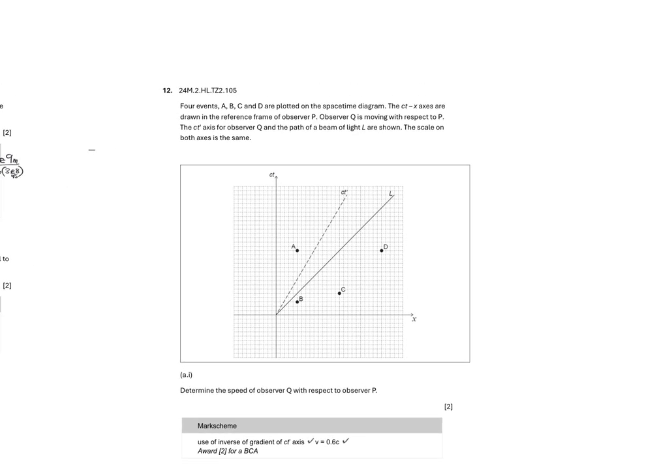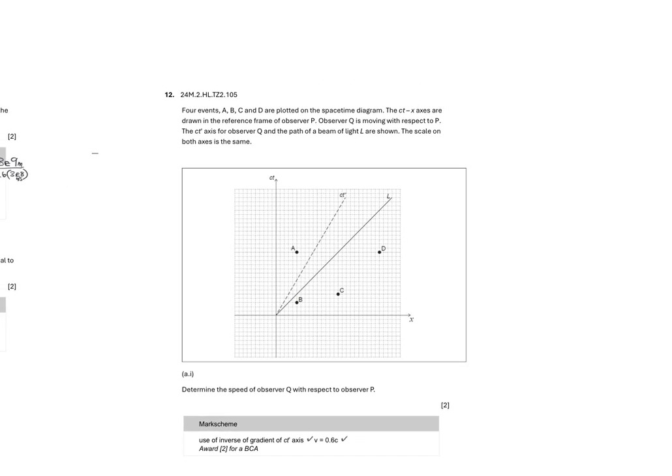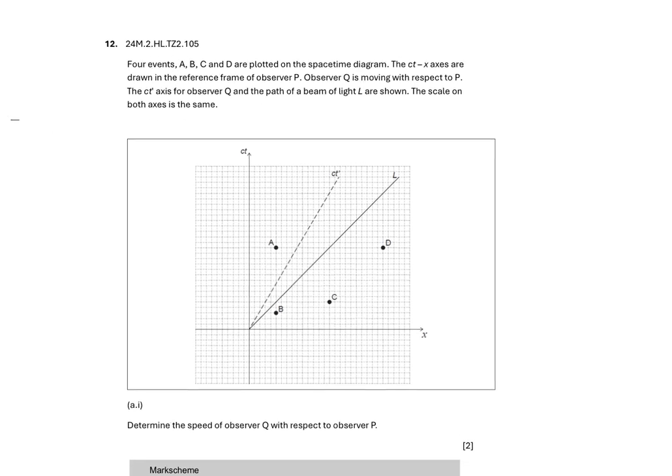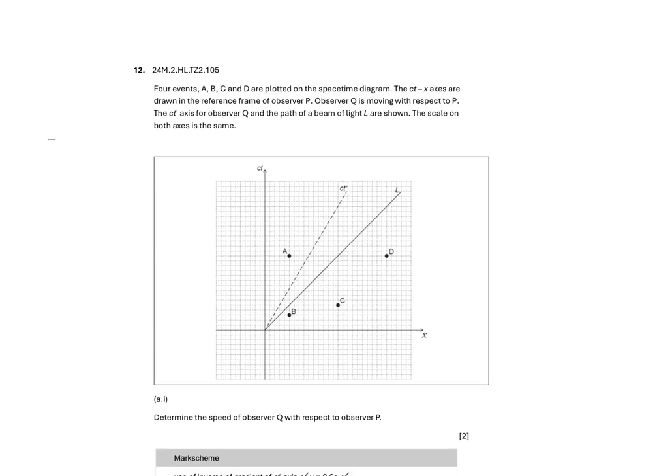Let's take a look at number 12. We have a Minkowski space diagram with two different reference frames, S and S prime, graphed. And we have four different events that are plotted on the diagram, A, B, C, and D. And it says the CT and x-axis are drawn for observer P, so observer P would be in the frame S, and then observer Q is moving with respect to P, so that's going to be in S prime.